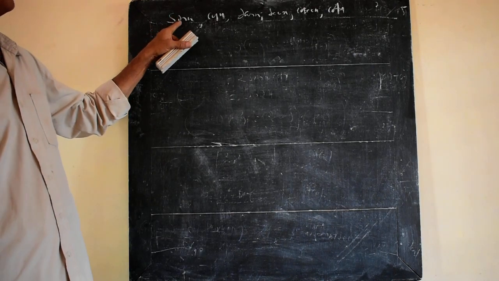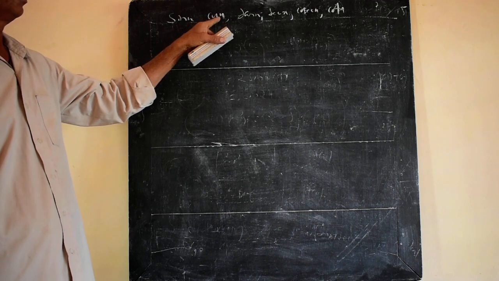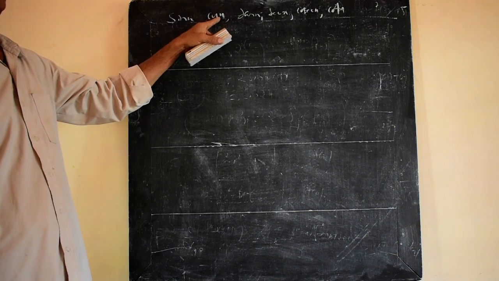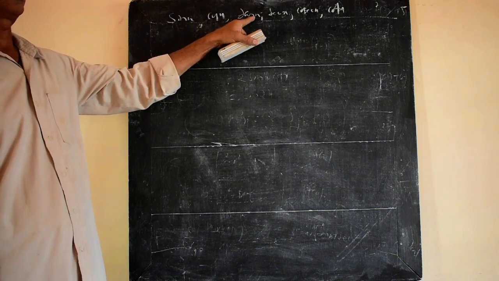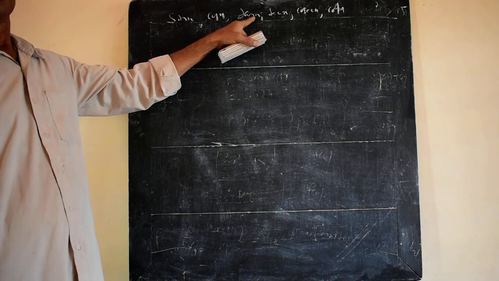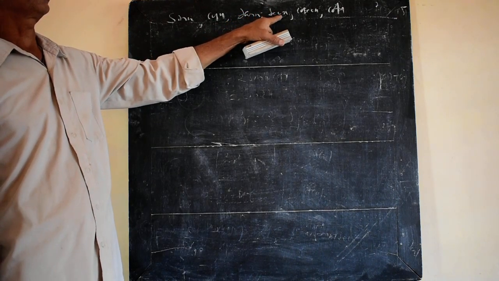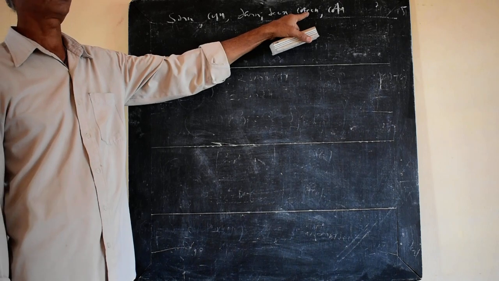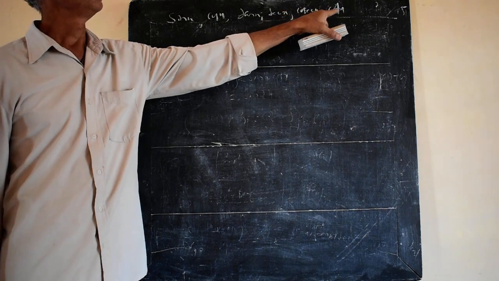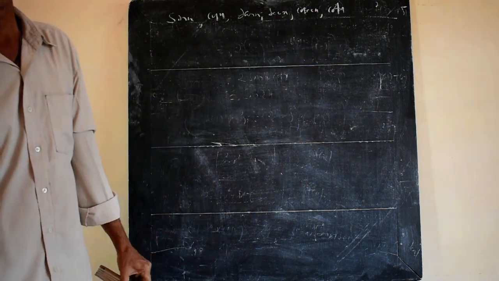The differentiation: d by dx of sin x is cos x, d by dx of cos x is minus sin x, d by dx of tan x is sec square x, d by dx of sec x is sec x into tan x, d by dx of cosec x is minus cosec x into cot x, d by dx of cot x is minus cosec square x.